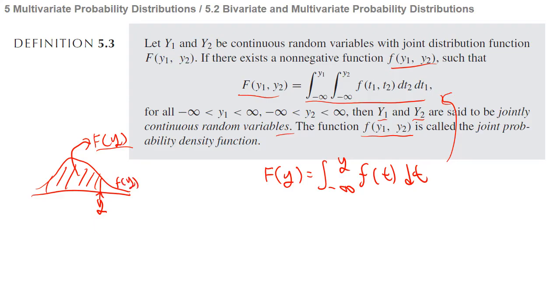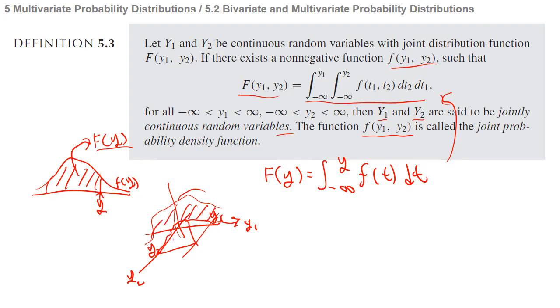Okay. And in this bivariate case, we have a distribution function defined on the two-dimensional space, and for F of y1, y2, this axis is y1, this axis is y2. The value y1 and value y2 is here. Then the area of something here is the probability F of y1, y2.